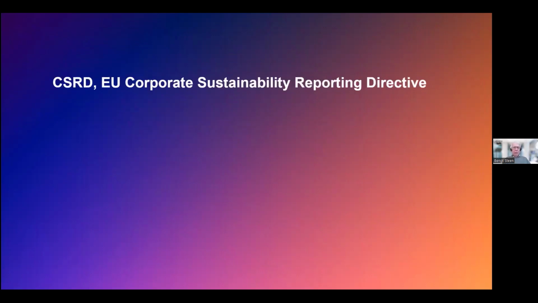If you start with the EU Corporate Sustainability Reporting Directive, it's primarily for large companies, but also involving, of course, some suppliers to these large companies. They are starting from this year, 2024.